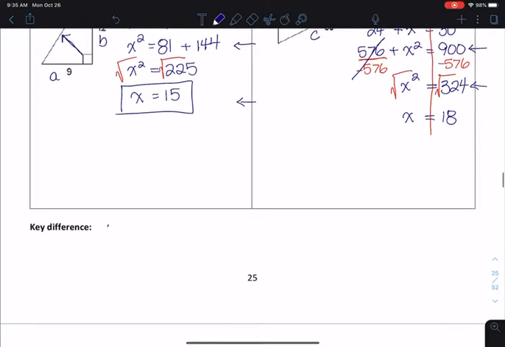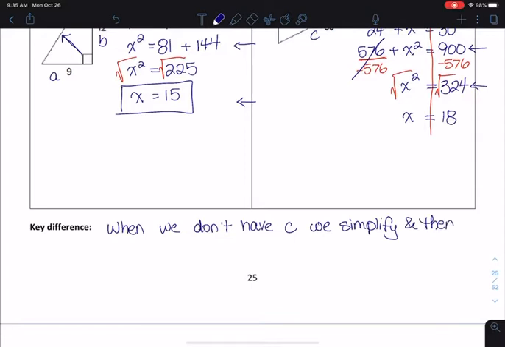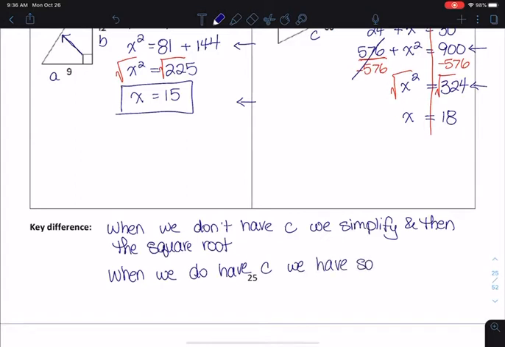So we can say when we don't have C, we simplify and then take the square root. When we do have C, we have to solve and then take the square root.